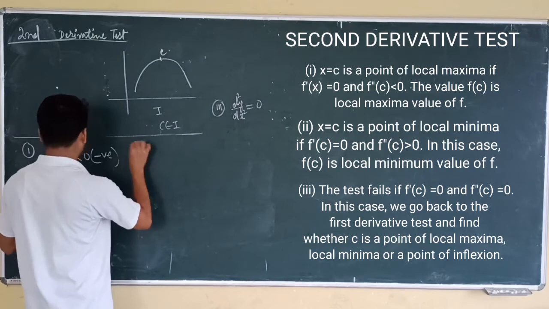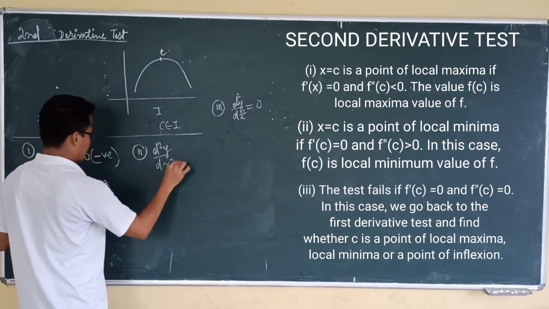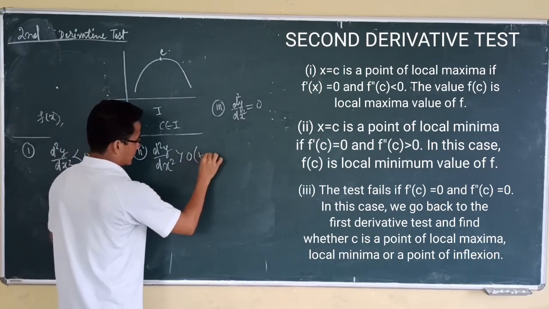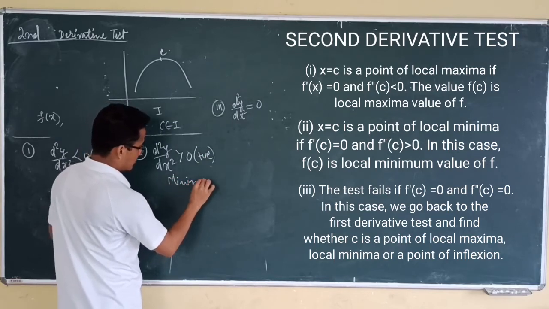If you get d square y by dx square greater than 0, positive, then we get minima.